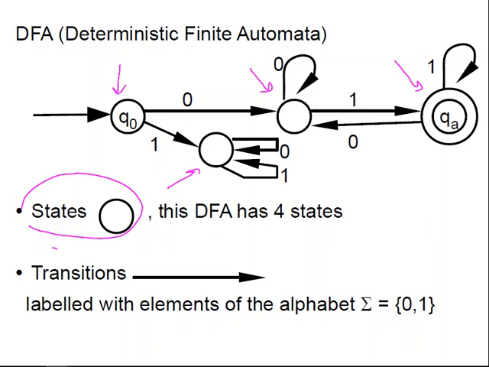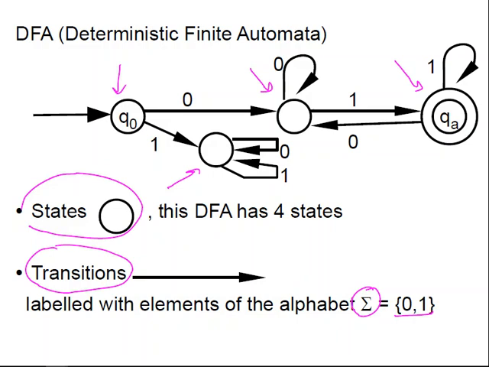And it has transitions or edges. Transitions are just arrows with a direction. And these transitions are labeled with elements from the input alphabet, which here is 0, 1. We usually denote alphabets with the capital sigma letter.